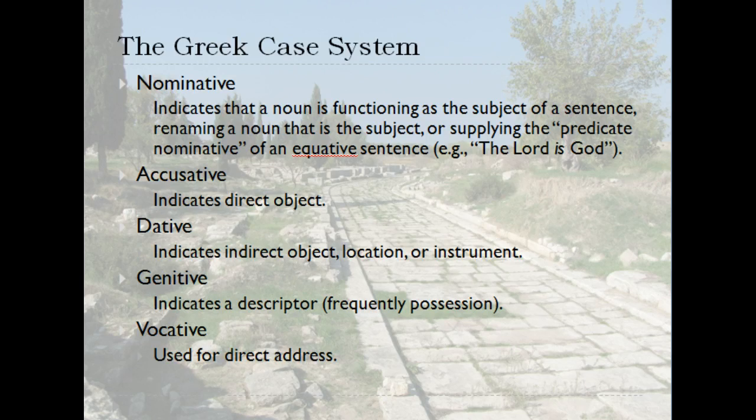In Greek, a noun in the accusative case tends to signal the direct object of the verb. So instead of relying on word order, where we find the subject in front of the verb and the direct object behind the verb, we are going to have to rely on case identification. The noun that we find in the nominative case will be the subject of the verb.